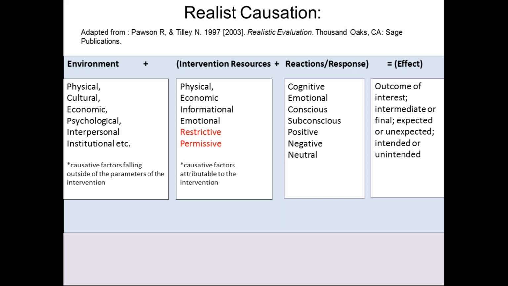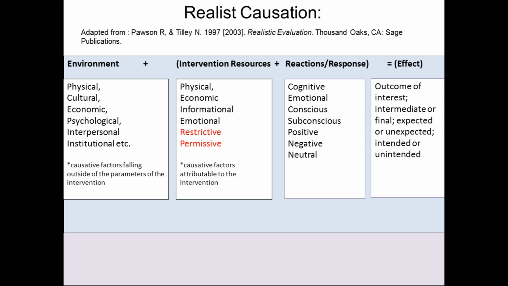Economic, whether it's resource poor or resource affluent. Psychological, interpersonal, institutional. It's a somewhat random list, but all of those things can pre-exist before the insertion of an intervention into an environment. They are causative factors falling outside the parameters of the intervention, but have an impact on the intervention nonetheless. And then the mechanism: you're talking about the resources and the reaction.